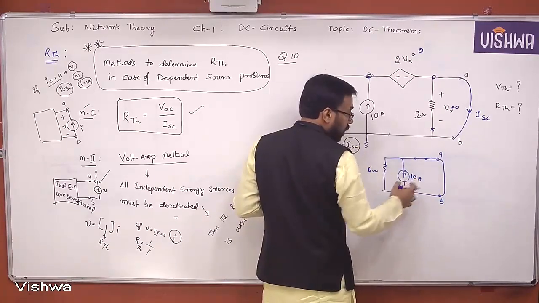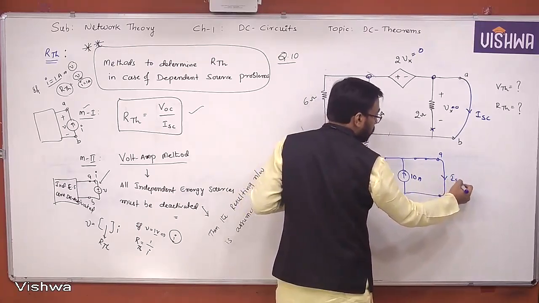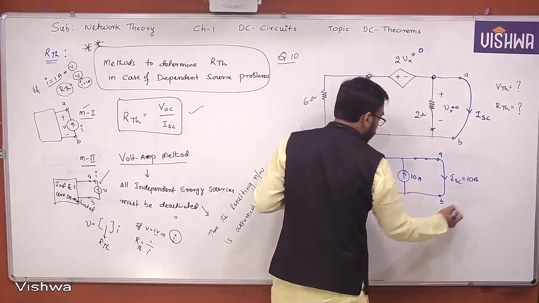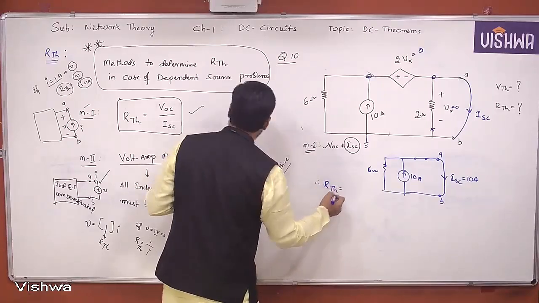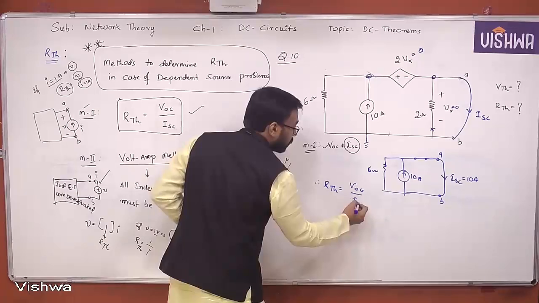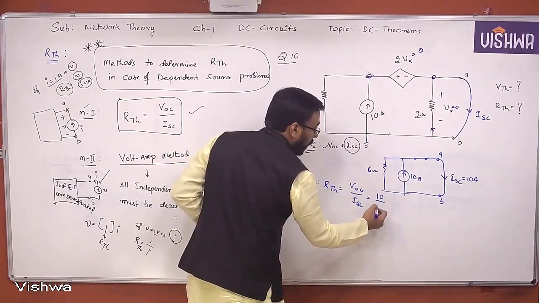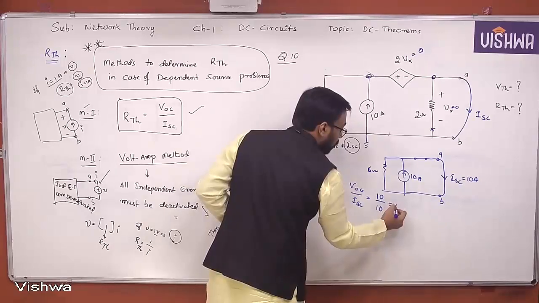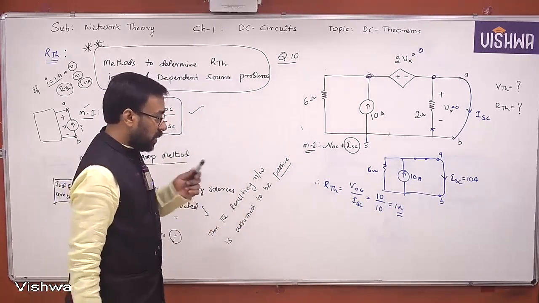Yes or no? This 10 amperes is directly flowing through the short circuit, so ISC is equal to 10 ampere. That's it. Now, RTH calculation according to the formula VOC by ISC. What is VOC? 10 volts, you just got in the calculation, and 10 amperes you got. So this is 1 ohm.